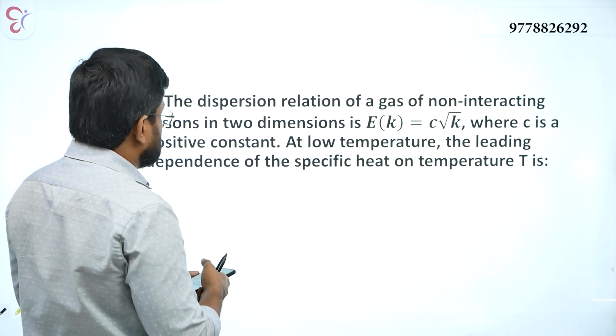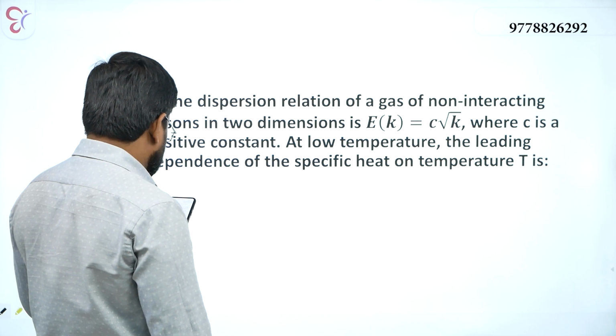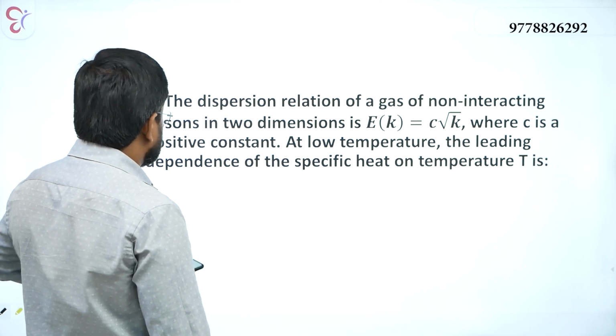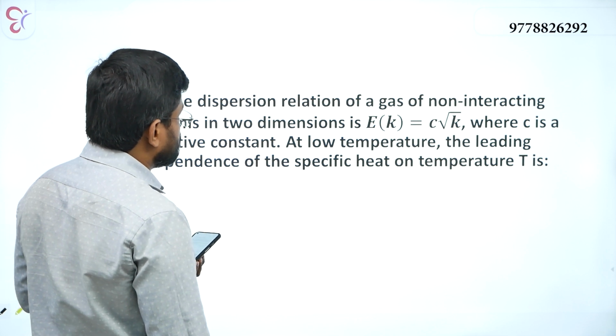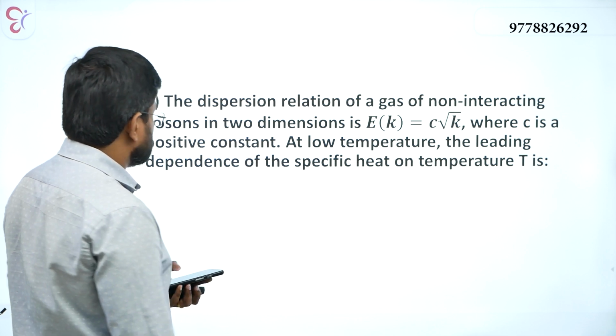The dispersion relation of a gas of non-interacting bosons in 2 dimensions is E of k equal to C under root k, where C is a positive constant.